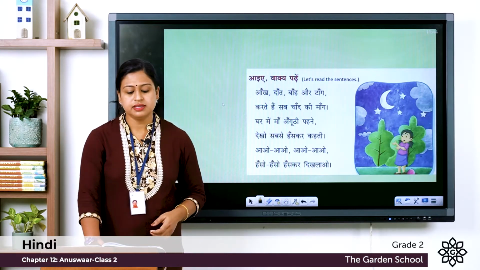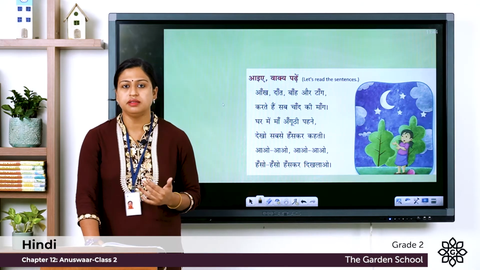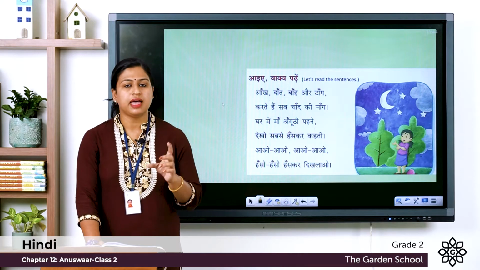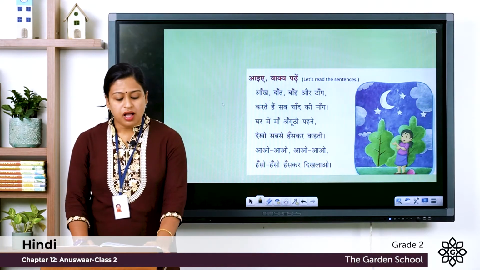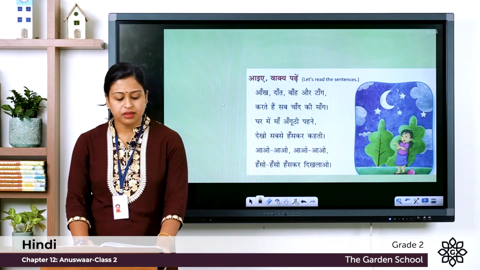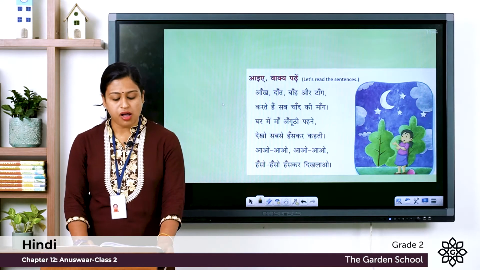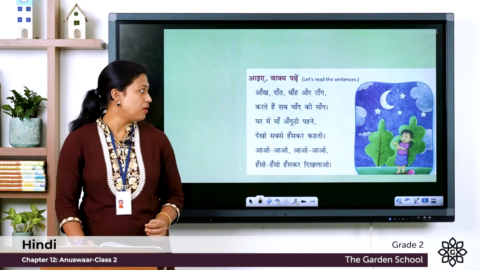Next one, you can see a few sentences here. This also you have to just listen to the pronunciation carefully and identify the swar letters and the vyanjan letters. The first line, आंख, दांत, बाह और टांग करते हैं सब चांद की मांग, घर में माँ अंगूठी पहने देखो सबसे हंसकर कहती आओ आओ हंसो हंसो हंसकर दिखलाओ.